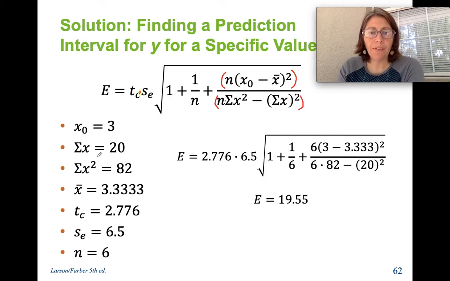So I've got 2.776 for t times 6.5 for SE, times the square root of 1 plus 1 over 6 plus 6 times 3 minus 3.33, that's our x bar, squared, over 6 times 82, that was the sum of our x's squared, minus 20 squared. This is the sum of the x's, which is 20, and we're going to square it.